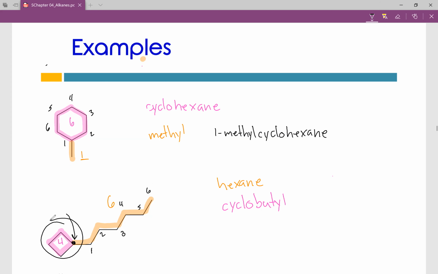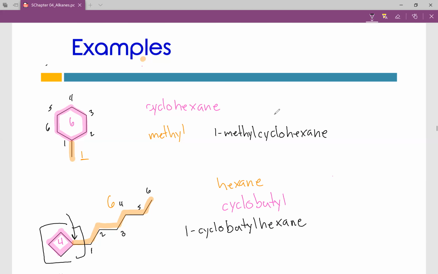If I make that one 1, it makes it a lot harder to tell what the parent chain is and to make sure everything is okay. So we can see here that this is the substituent, so I'm not going to put any carbon on that substituent in our parent chain. So we can see here that we have a 1 cyclobutylhexane.